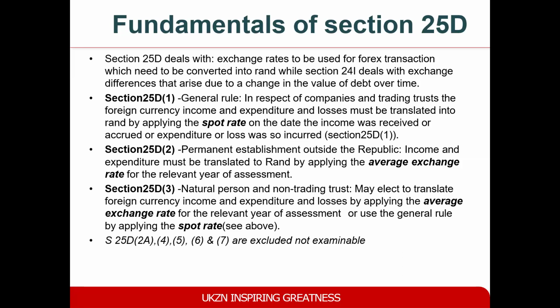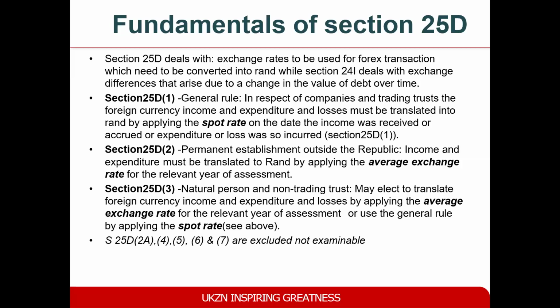We go to 25D3. It states that natural persons, now we're talking about me and you, natural persons and non-trading trusts. If you've got a trust that is not trading, may elect, now there is an option in this case, to translate foreign currency income, expenditure and loss by applying the average for the relevant year, or use the general rule, which is now 25D1, which is actually the spot rate.